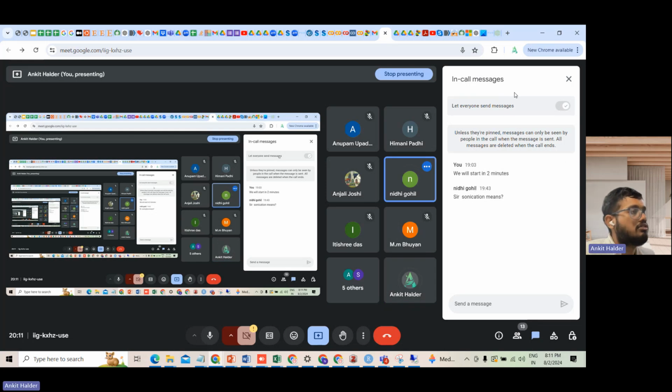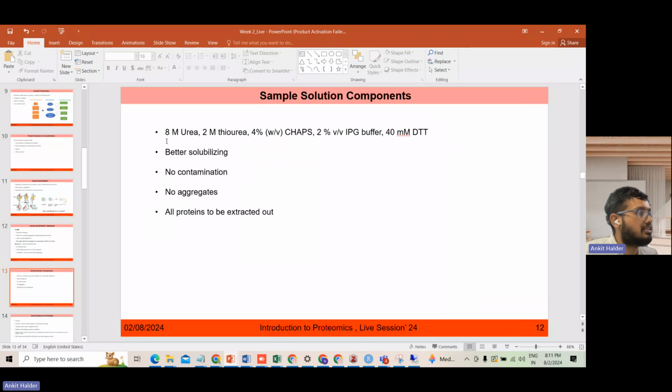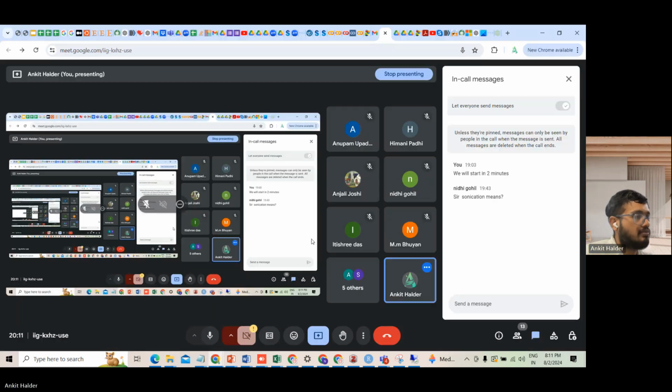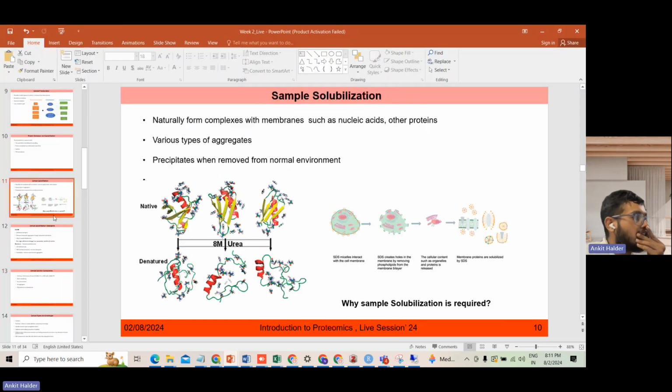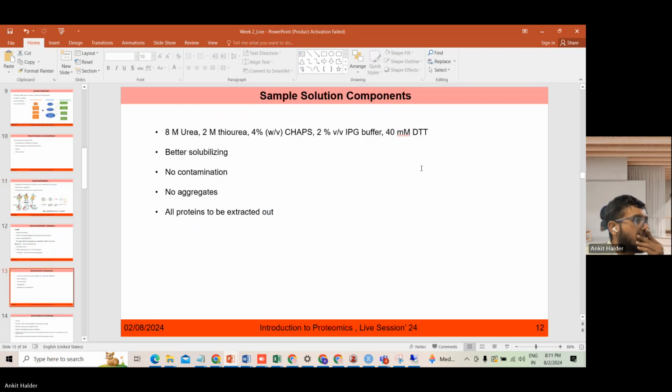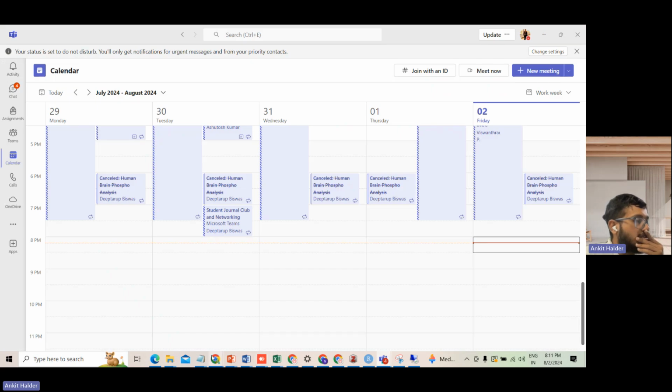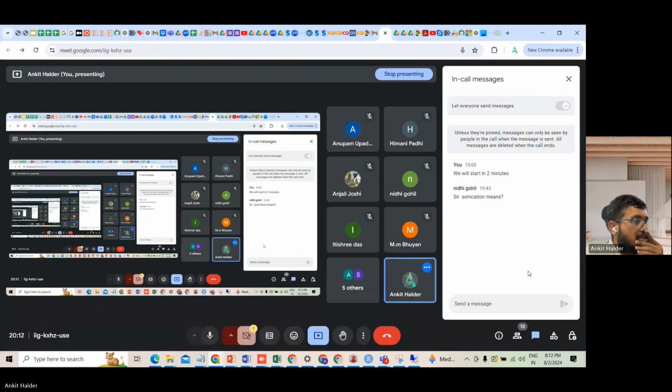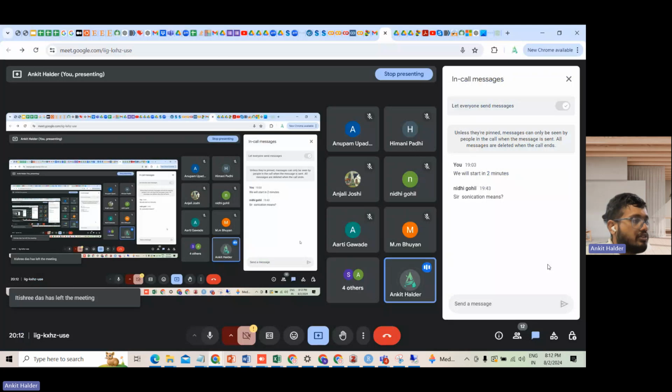Yes. So now, would you like to say what would be the role of 8 molar urea? Also, what are the ideal stages of the protein?